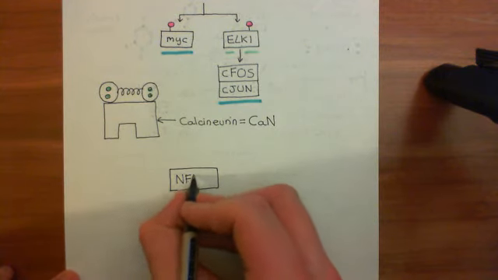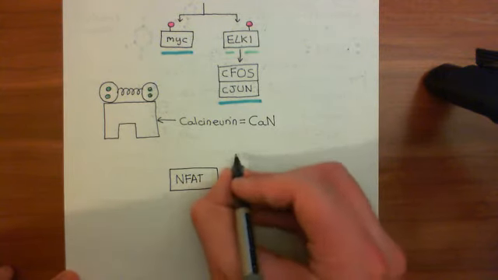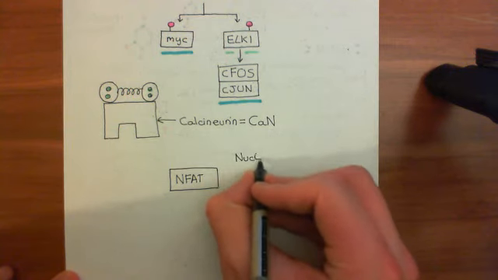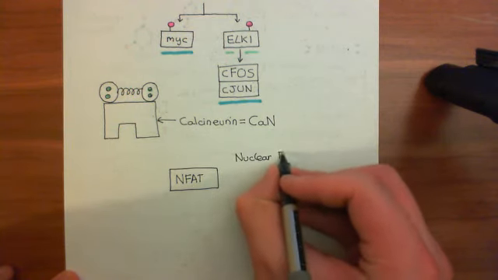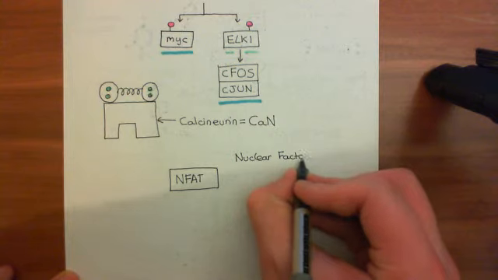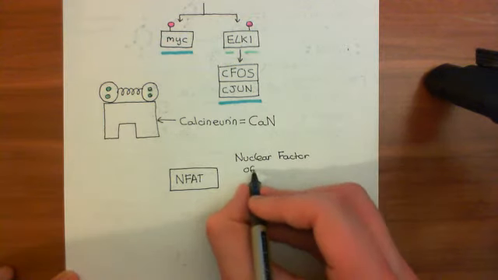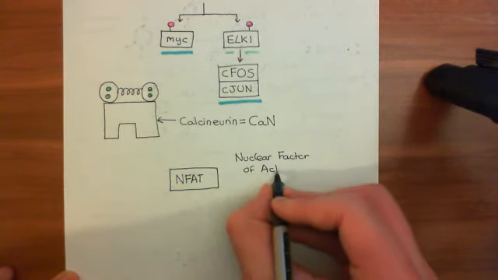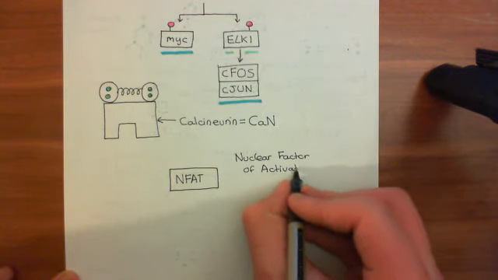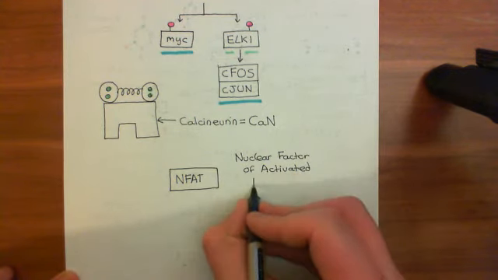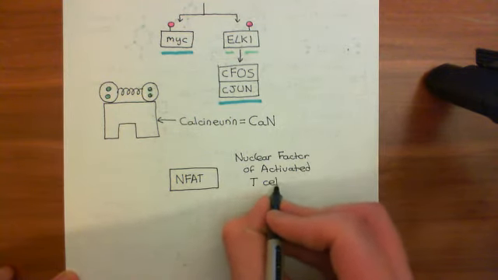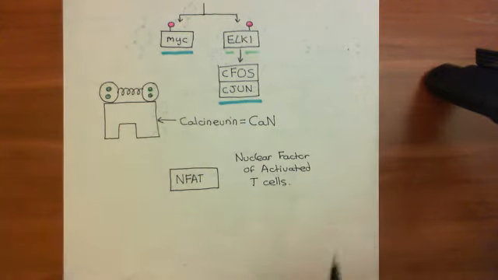NFAT stands for nuclear factor, so N is for nuclear, F is for factor, and then the AT is for of activated T cells. So this is the nuclear factor of activated T cells.